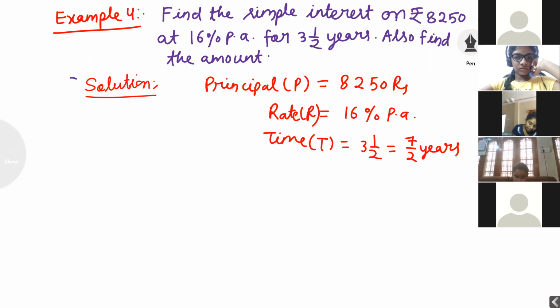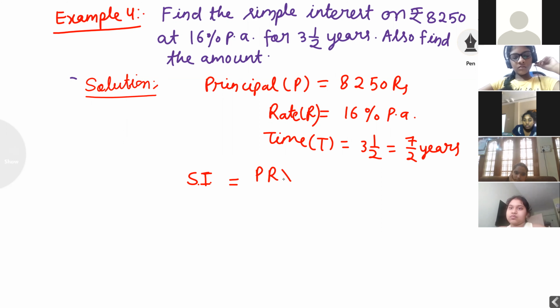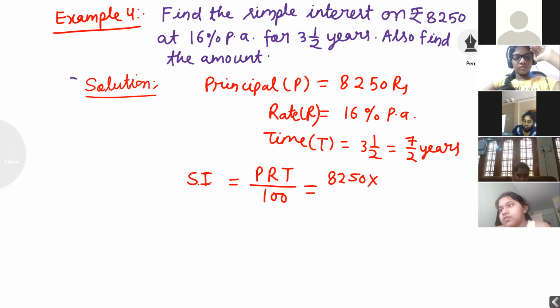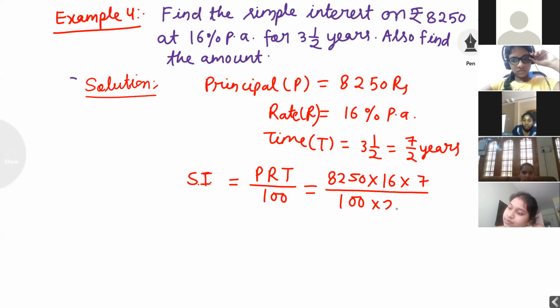Now SI is equal to principal into rate into time, PRT by 100. Now here the very interesting thing is the principal is 8,250. Rate is what? 16%. Time is what? 7 by 2. 7 is numerator, I will write in numerator, no problem. 100 into 2, 2 is denominator, I will write in denominator.